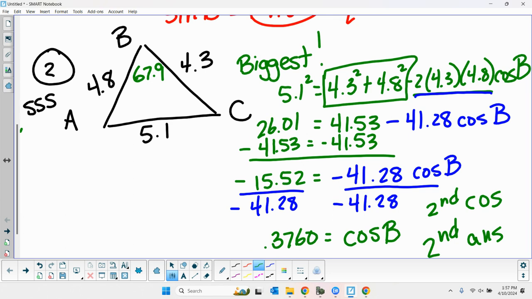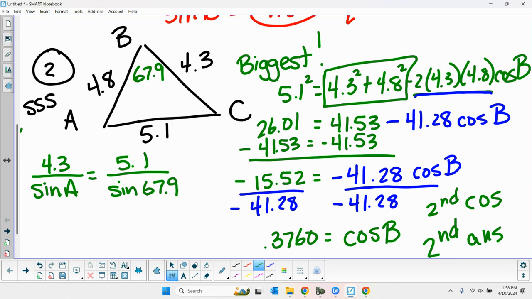All right, which one's the smaller one, A or C? A. So that's the one I got to find, all right? 4.3 over the sine of A, because A is the smallest of the remaining ones, equals 5.1 over the sine of 67.9. Okay?